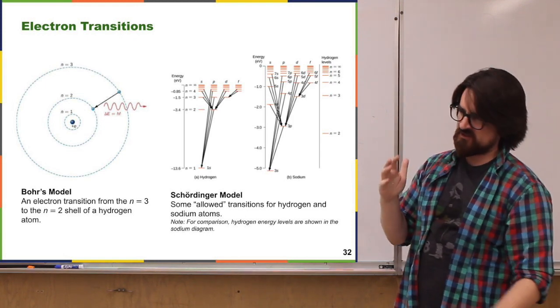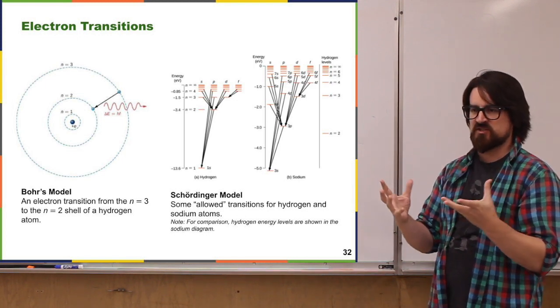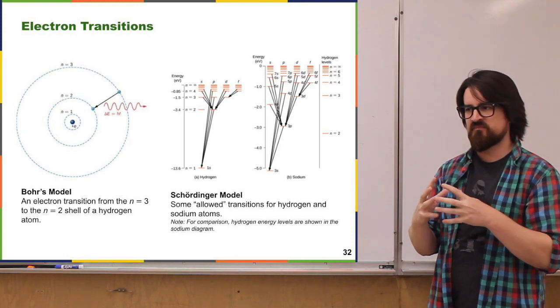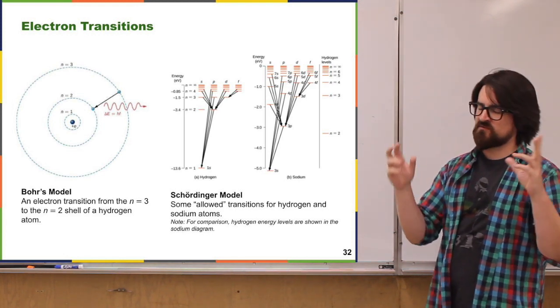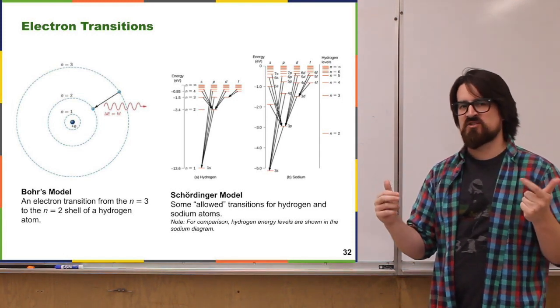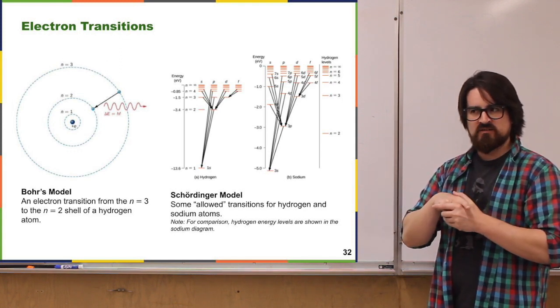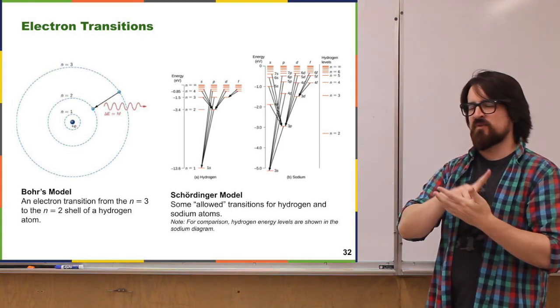And in fact, there's something that happens when you're talking about a transition having to do with the conservation of angular momentum: you get these allowed transitions versus forbidden transitions. That basically means that the allowed transitions end up being ones where little l, the orbital angular momentum quantum number, changes by 1.